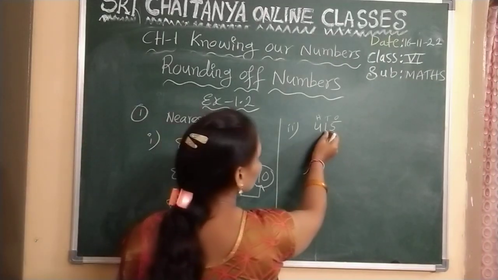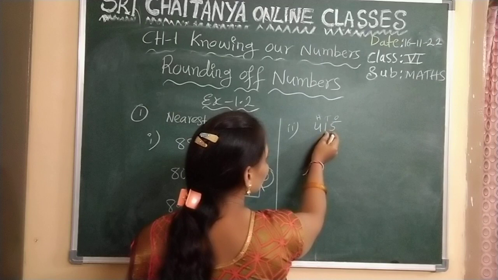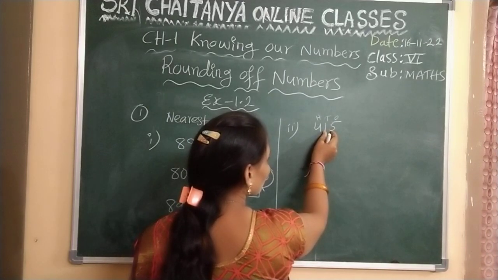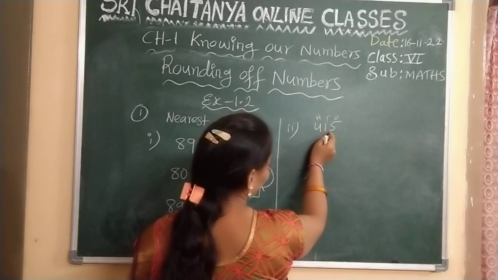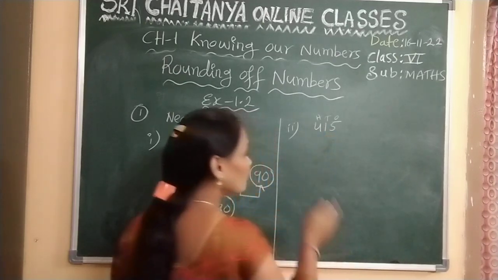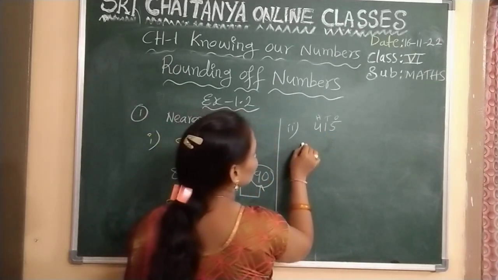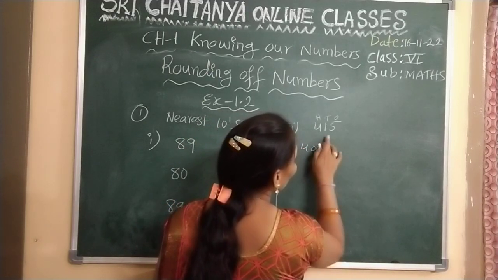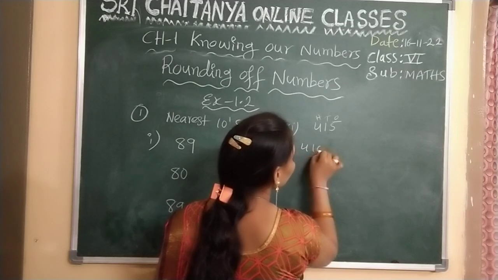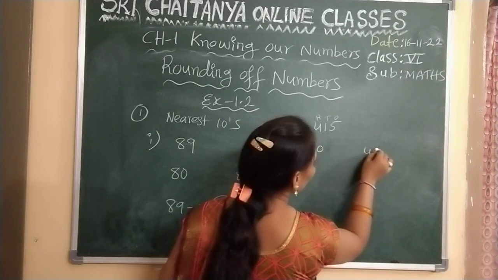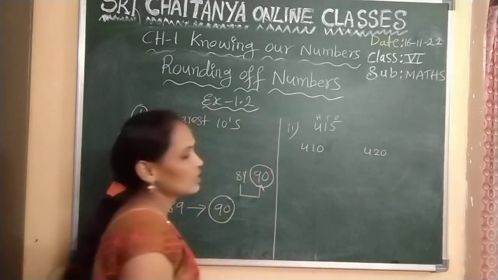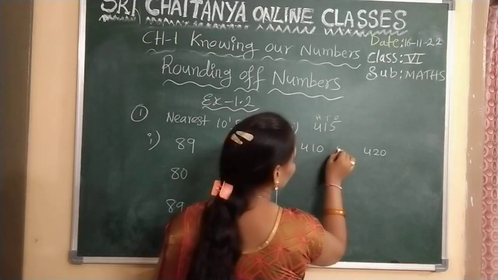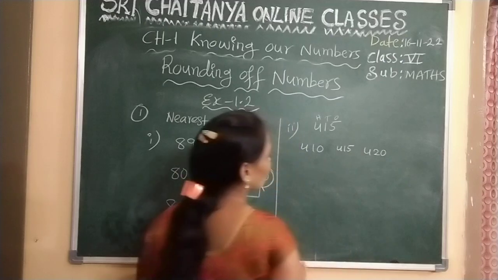The two digits are only 15. So 415 lies between 410 and 420.